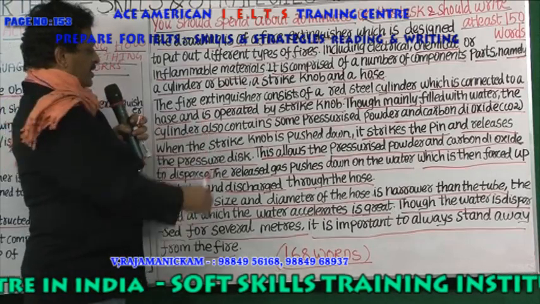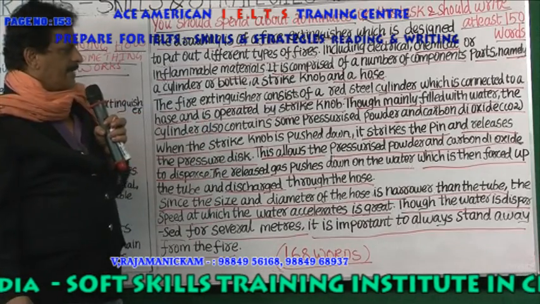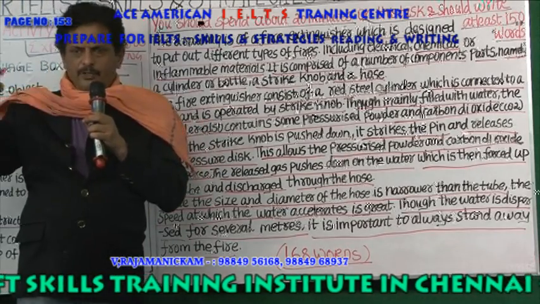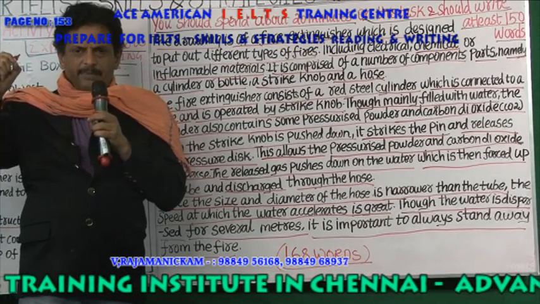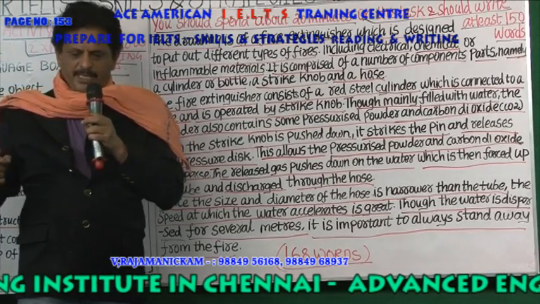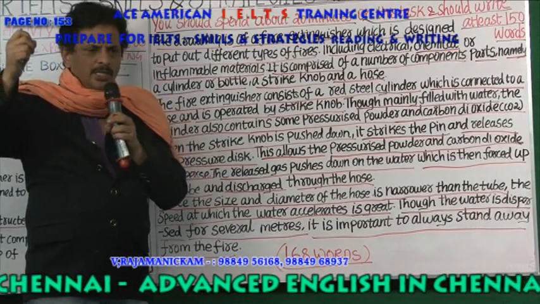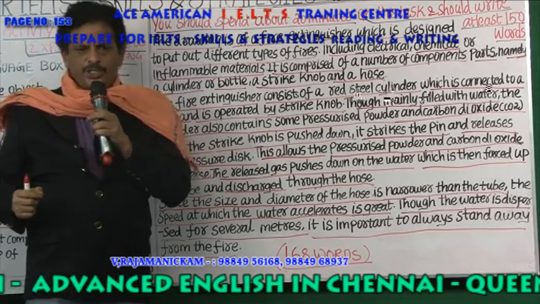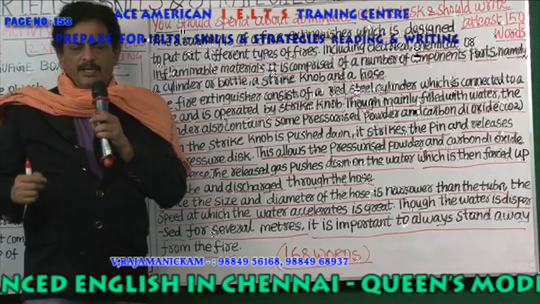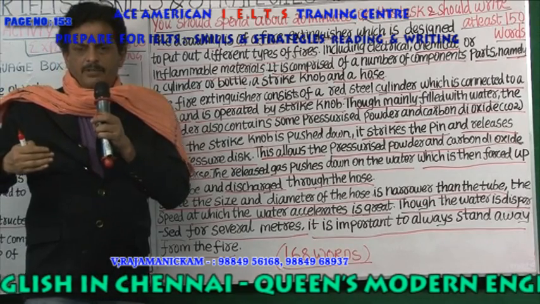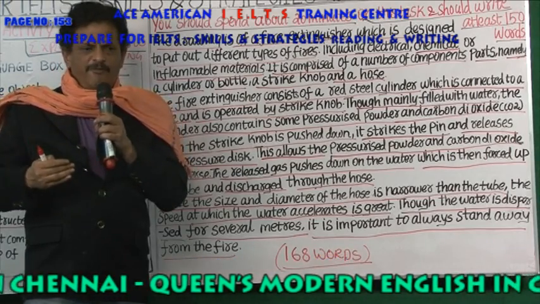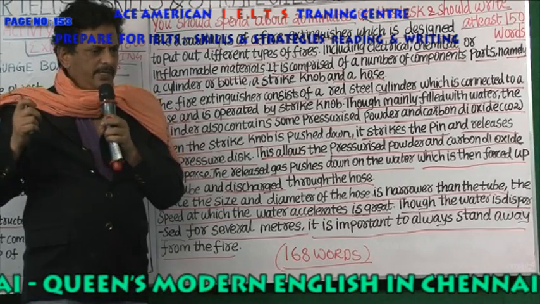Then he goes deep inside and says how the process of water coming out of the fire extinguisher happens, and how the fire extinguisher is able to control the fire, and he also says that you have to keep a distance from the fire when you use the fire extinguisher.